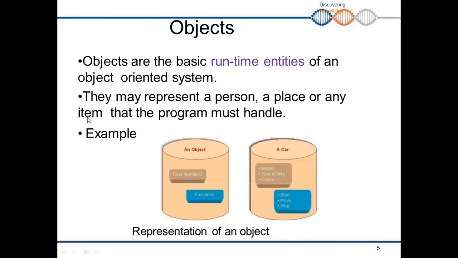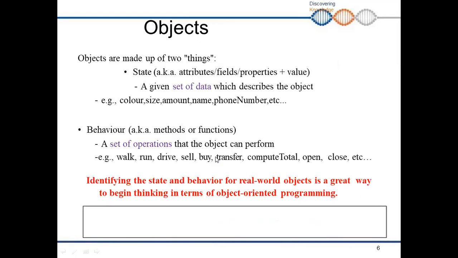We can say a black color car, model number, and year of manufacturing, means we can consider that this car is manufactured in 2019, a black color car. So data members and member functions define our object, means characterize our object. Behavior, method or function means a set of operations that an object can perform.